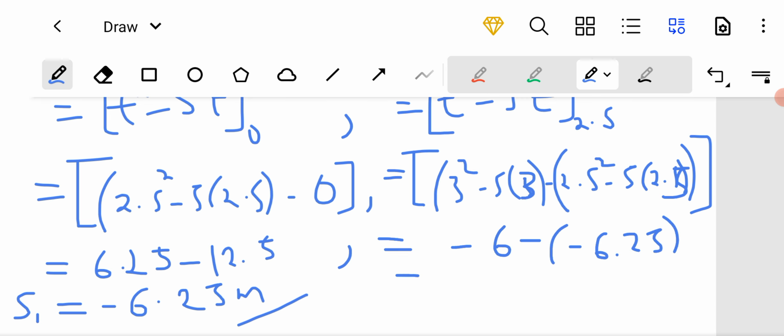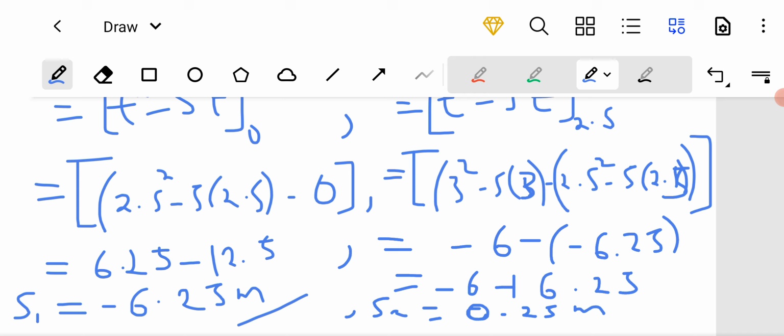Then you're going to have negative 6 plus positive 6.25. So S2 is equal to a positive 0.25 meters. So here the negative 6.25, here the 0.25.